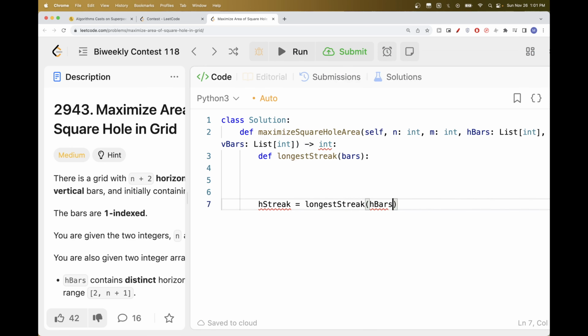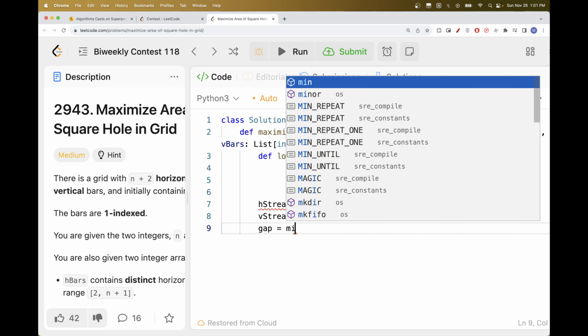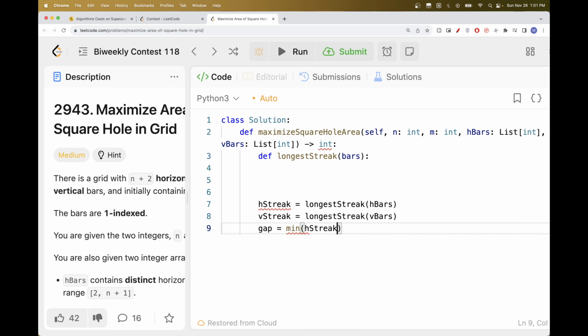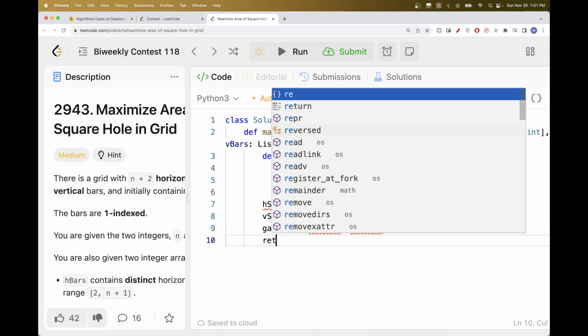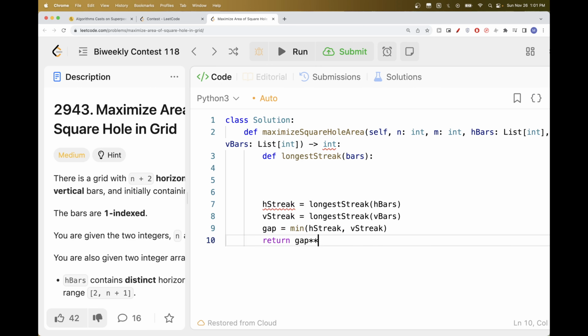And then we'll do the same thing to get it for the vertical bars, so this would be V like this. And then we said that we need to find the gap, which is going to be just the minimum of both, because we are looking for a square. And then we will return gap to the power of 2, right?